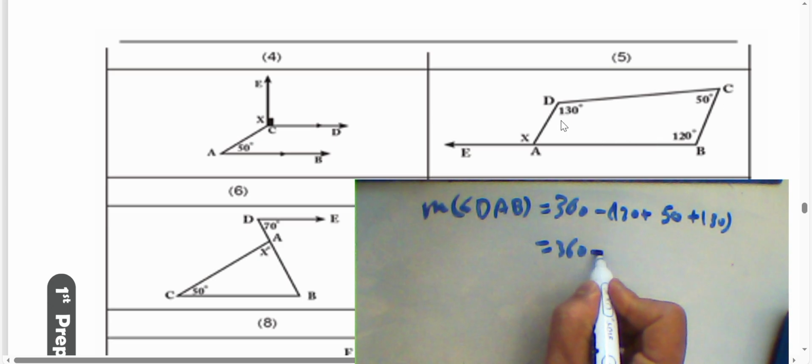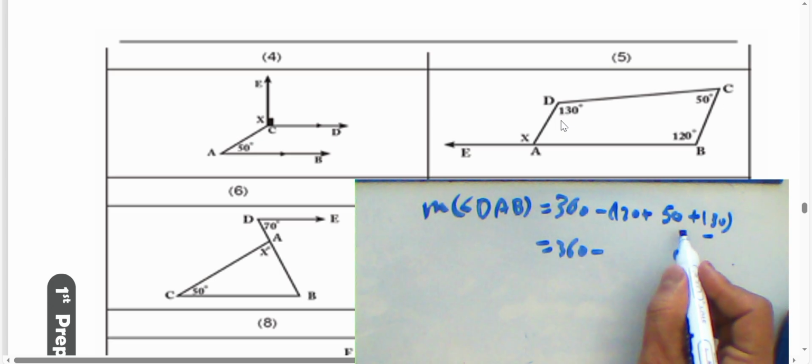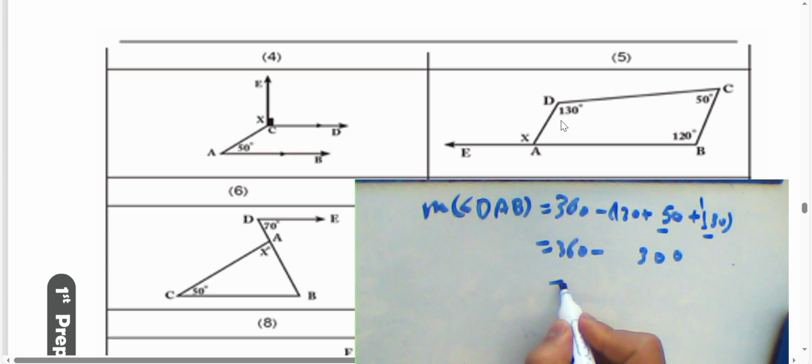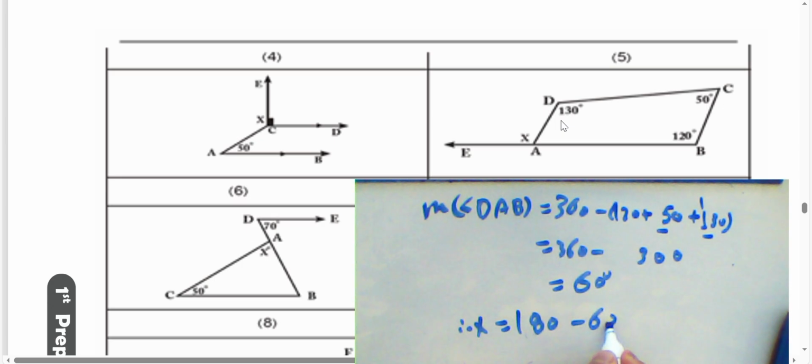We can write 360 minus 300, and the answer will be 60 degrees. Then the measure of angle x will be 180 - 60 = 120 degrees, because E belongs to the straight line AE. We have straight angles.